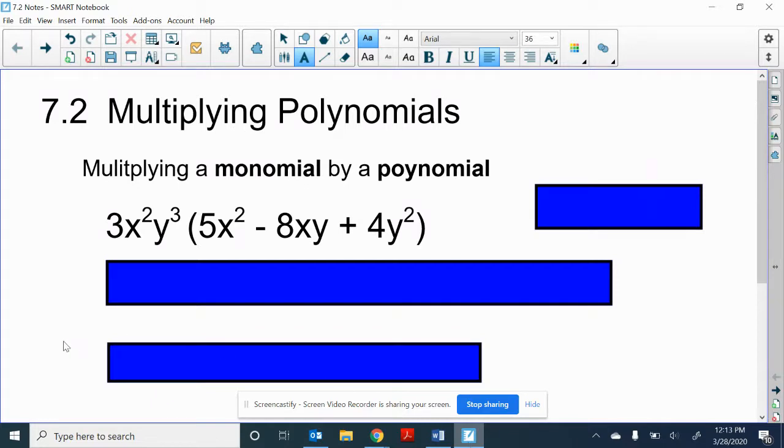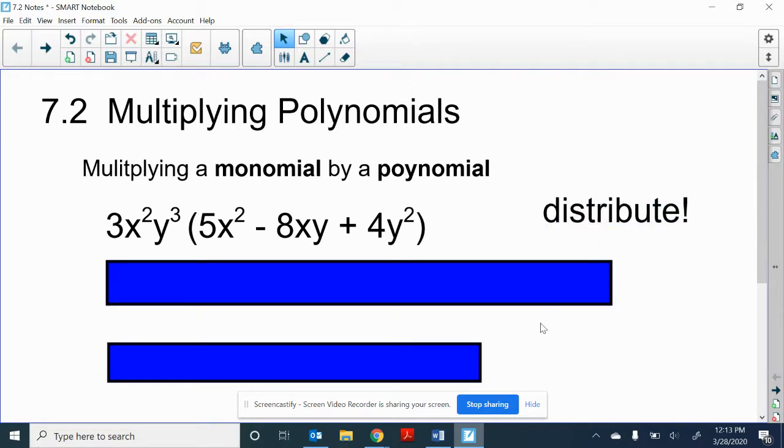All right, so here I have to multiply 3x squared y cubed, that's the monomial, times the polynomial 5x to the second minus xy plus 4y squared. And if you can imagine, the most important thing that we do while we're here is we are going to distribute, okay?